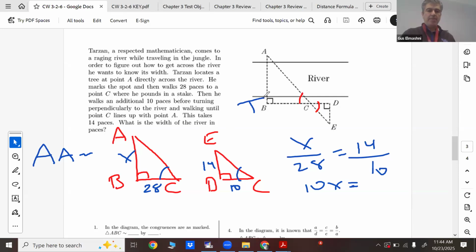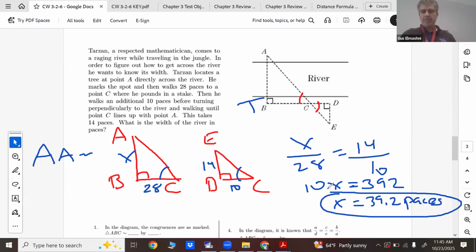Point A wasn't totally relevant, but the width is from A to B. That's 392, so X has to be 39.2. And that's 39.2 paces. But you're not going to really walk across the river, anyway.